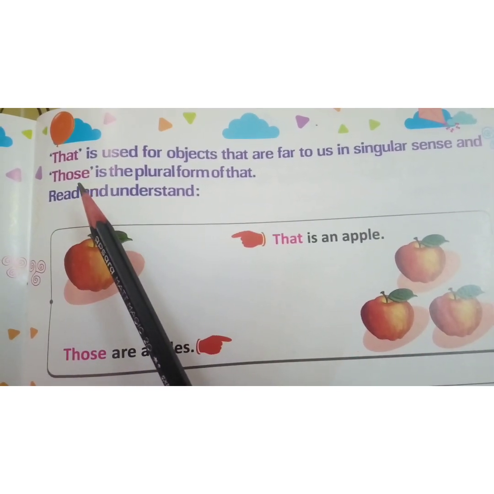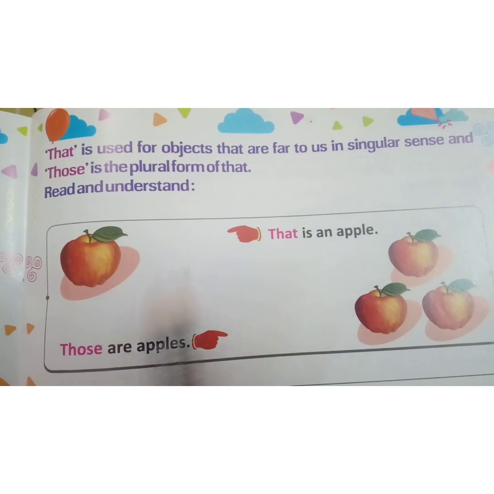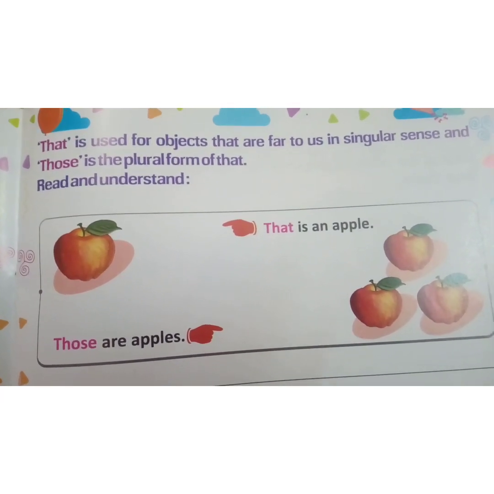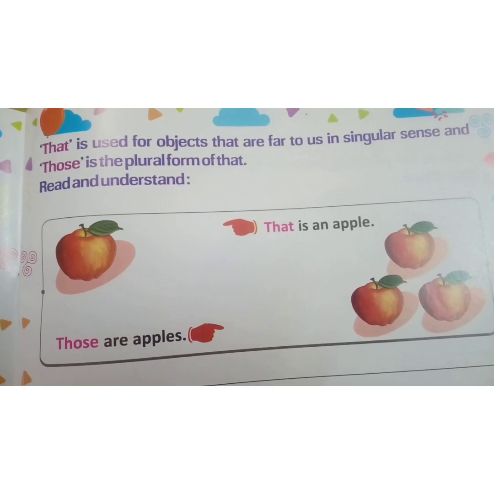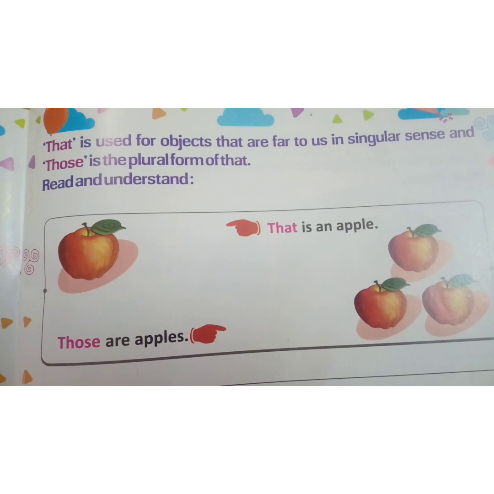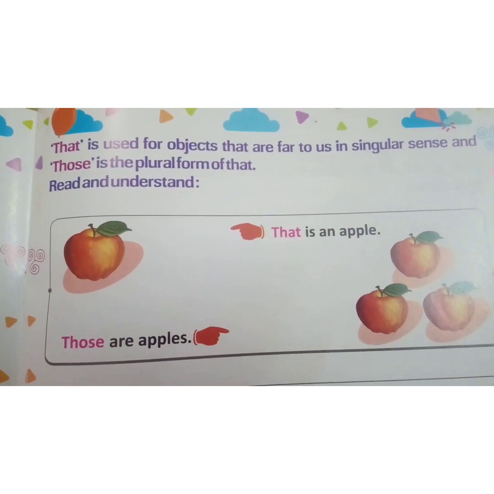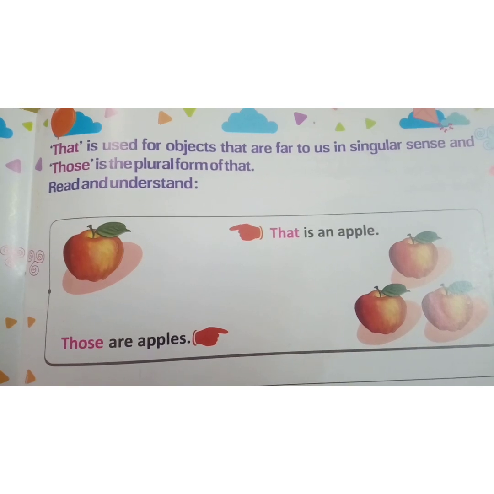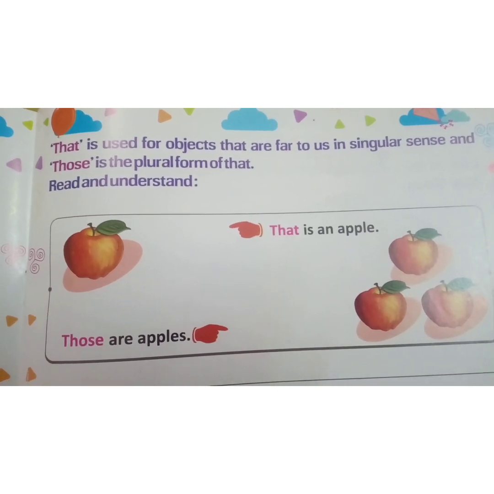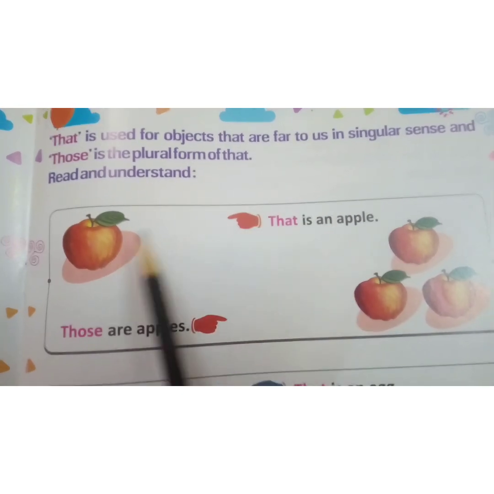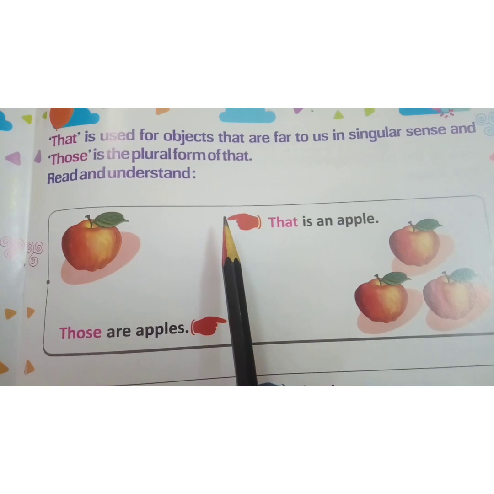So we use that when there is only one object which is far from us. But when the objects are far from us but many, more than one object, that time we will use those.